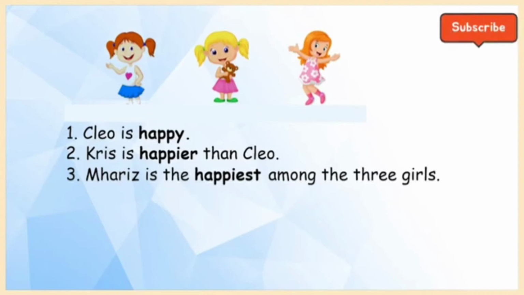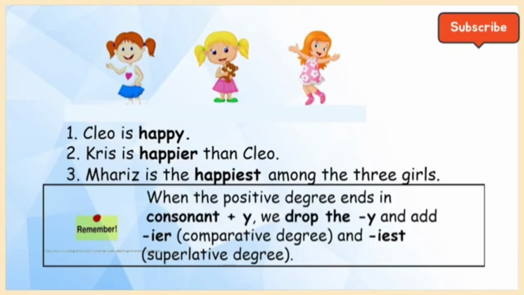In sentence 3, for superlative, what is added to the word happy? When the positive degree ends in consonant plus Y, we drop the Y and add IER for comparative degree and IEST for superlative degree.